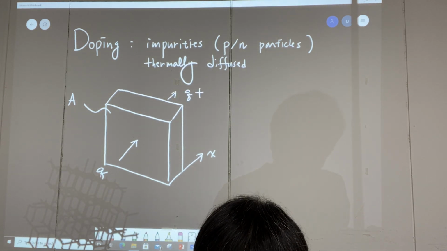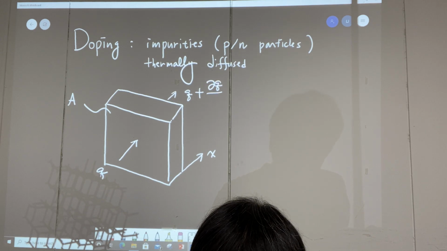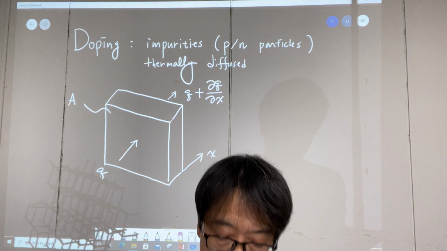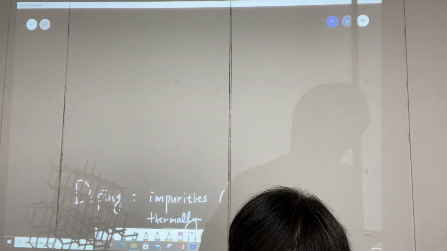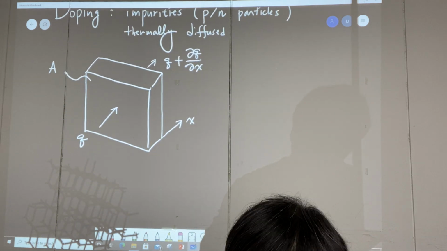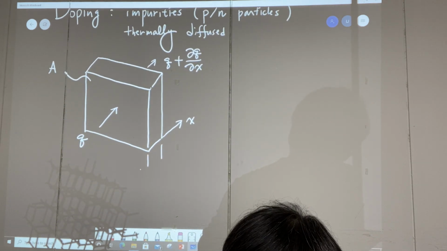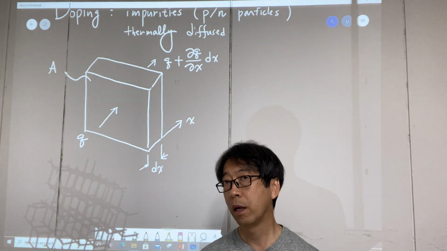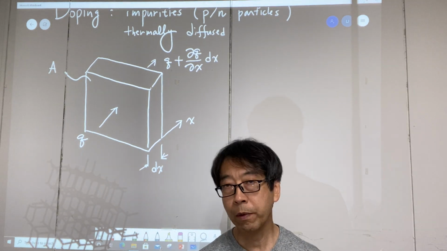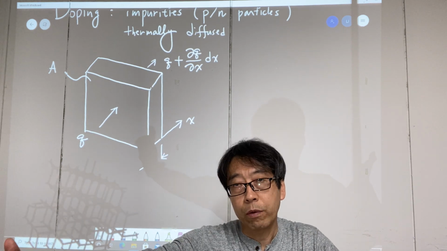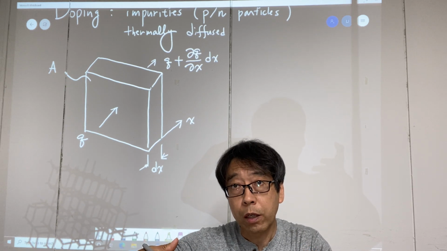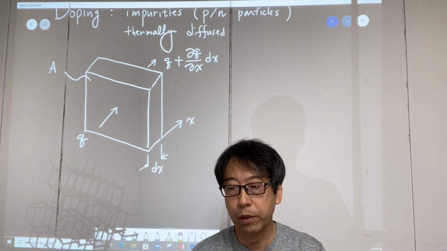So Q plus partial Q partial x, the space coordinate x, times, I said this is a little piece of material, so infinitesimal material, so we use the thickness of material, dx, multiplied here. Whatever comes in, whatever comes out, they don't have to be the same as each other.